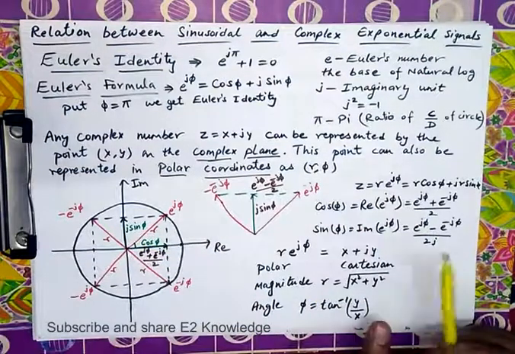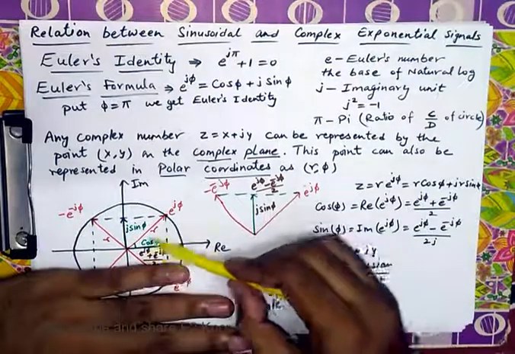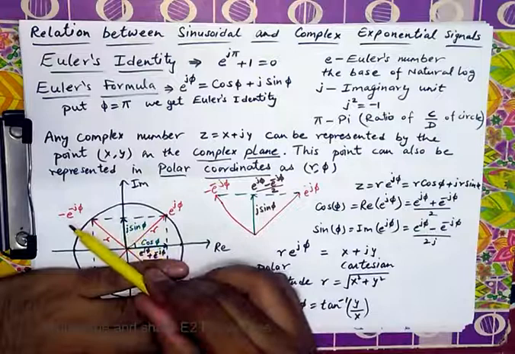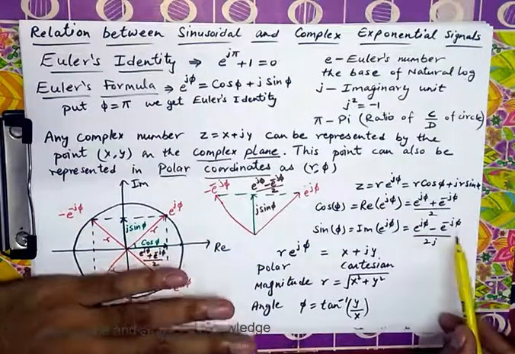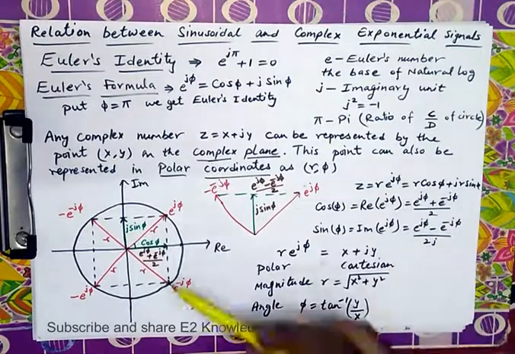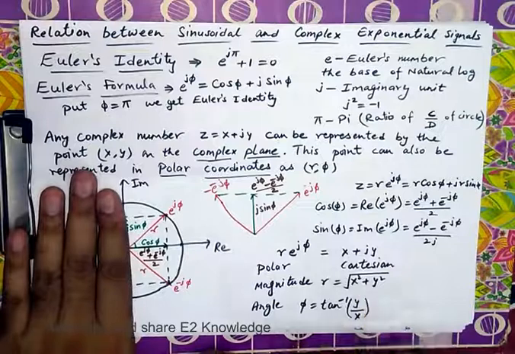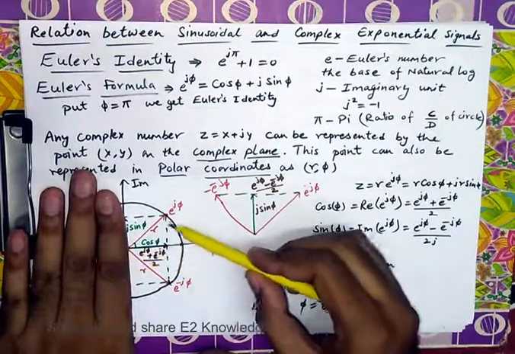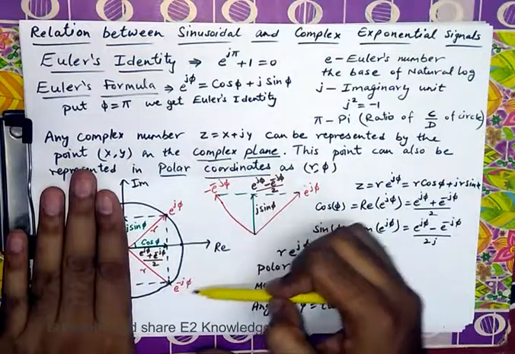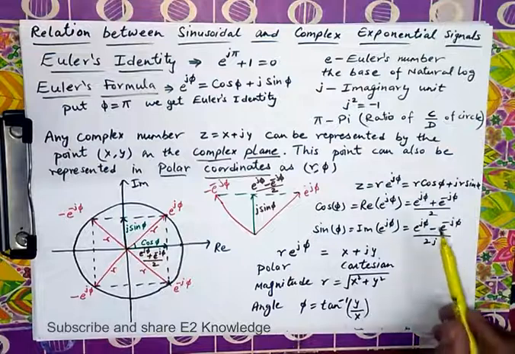It is written here, that is sin phi is equal to e raised to the power j phi minus e raised to the power minus j phi, divided by 2j. So this identity comes out from the resultant graph. Similarly, cos phi can be taken as the resultant between these two values, e raised to the power j phi plus e raised to the power minus j phi, divided by 2. So that is cos phi.